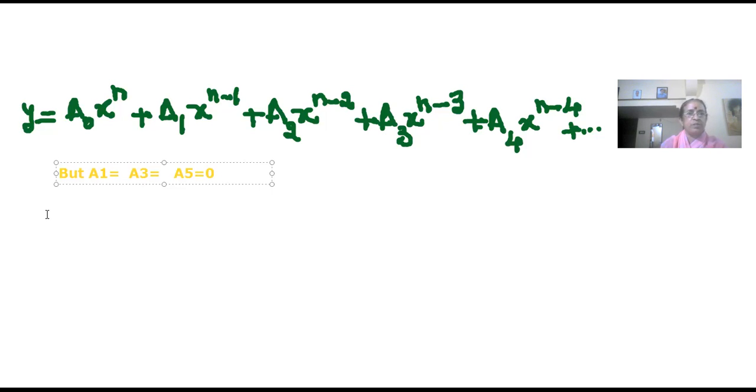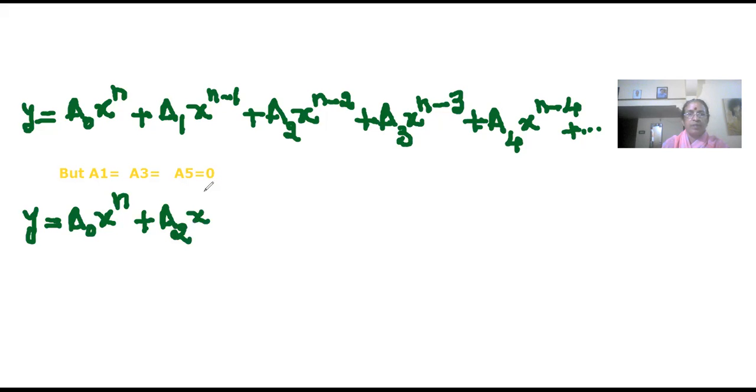So the equation reduces to the form y equal to A naught, we get only even terms, x power n plus A2 times x power n minus 2 plus A4 times x power n minus 4 plus etc.